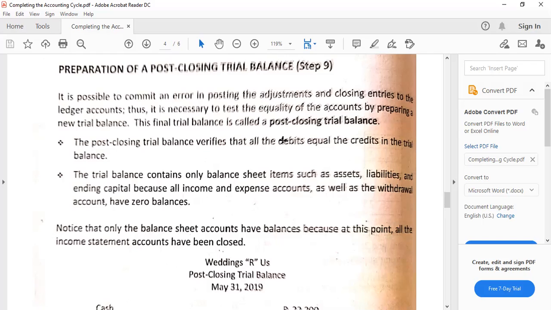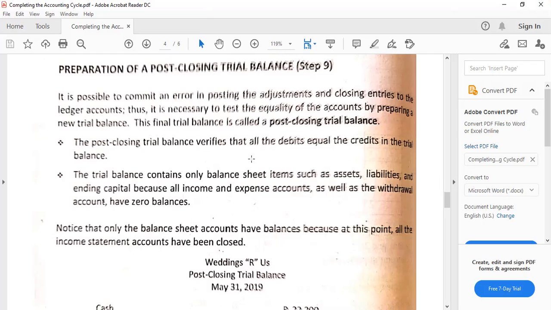So those are the same terms, but we are using more of the terms capital and equity here in fundamentals of accounting or basic accounting. Then, why are we preparing this? Because we have to make sure that after we have closed the nominal accounts or temporary accounts, we are still balanced.